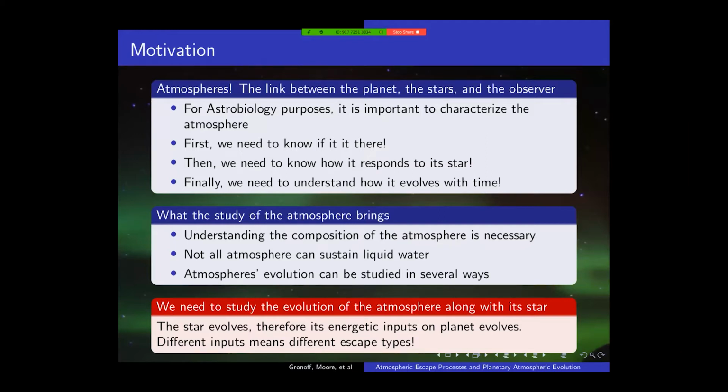So we need to characterize the atmosphere, but first we need to know if the atmosphere is present and how it responds to its star. So we are not doing a weird analysis of what's going on. And then we need to understand how that atmosphere evolves with time and along with its star.